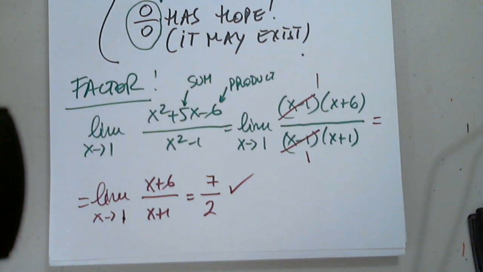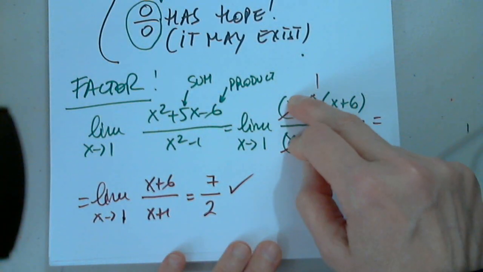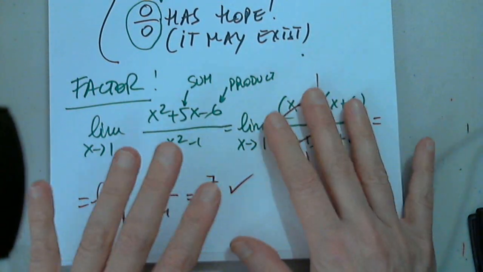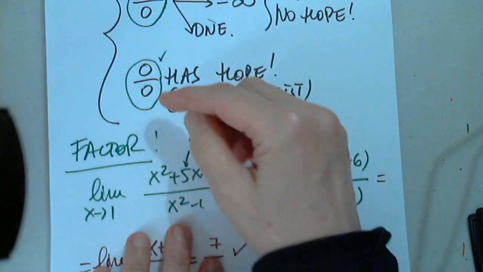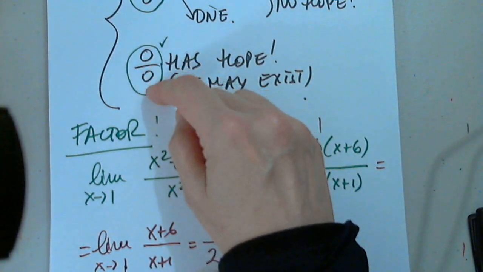Okay. Any questions before we continue? So when we factored, we were looking for a trend, right? Yes. So once we factored, we realized that this factor goes away. It does go away because it creates the 0 over 0. The x minus 1 creates the 0 over 0.